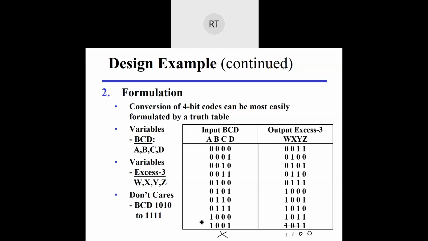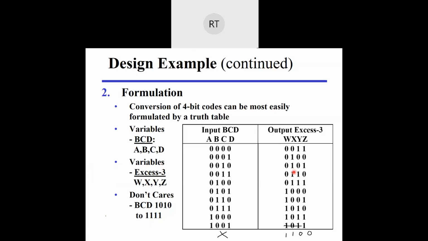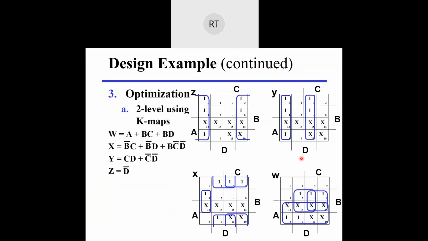So I have a K-map for W, a K-map for X, a K-map for Y, and a K-map for Z. So I have 4 variable K-maps. One for W, one for X, one for Y, and one for Z. You got the idea?